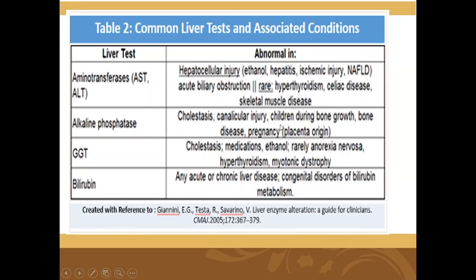It is also raised in children during bone growth, because one fraction of alkaline phosphatase comes from bone, and in pregnancy, because one isoenzyme is of placental origin. Then gamma GT is raised in cholestasis, medication, ethanol intoxication, anorexia nervosa and hyperthyroidism. Bilirubin is raised in all acute or chronic liver diseases and congenital disorders of bilirubin metabolism.